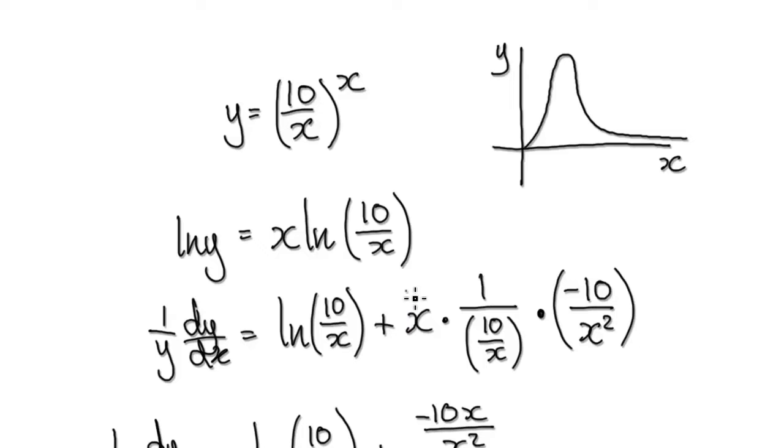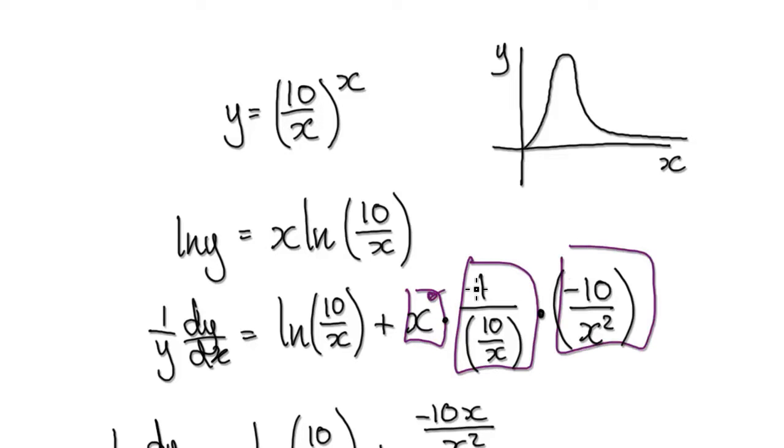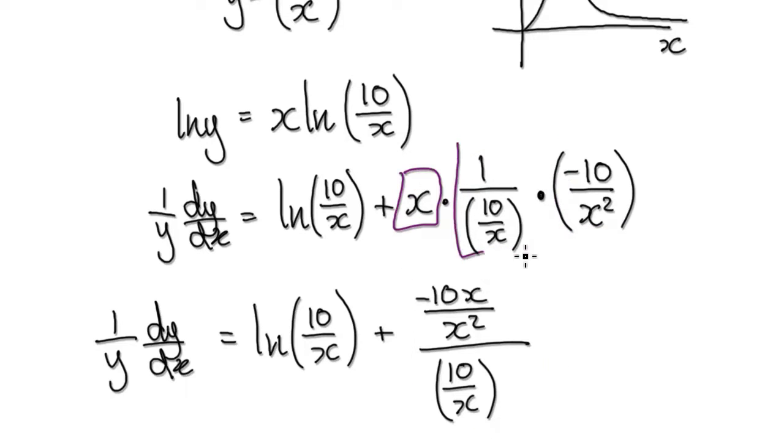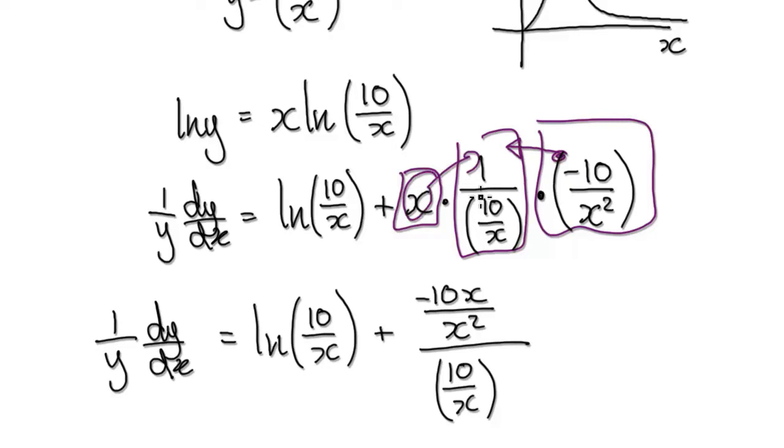So this ugly thing is really one block multiplying another block multiplying another block. This block here gets multiplied to the top. This block here gets multiplied to the top. So it's really 10 times x times negative 10. So think about it. It will then give you this thing here. Okay, so from here you've got 3 blocks. This thing here gets multiplied to the top. This thing here gets multiplied to the top. That will then give you this. And then this denominator stays the same. So now it's just a matter of us tidying this thing up.